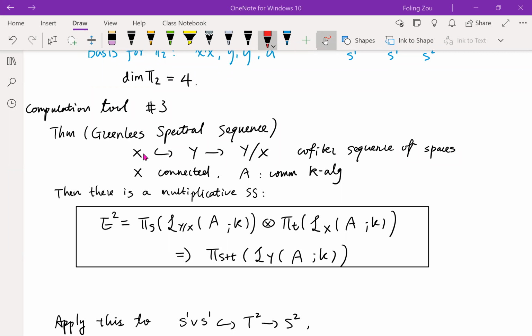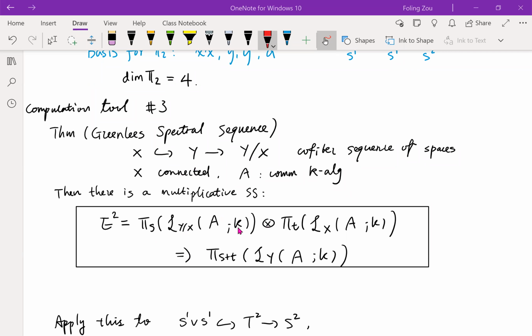If we have a cofiber sequence of spaces X into Y and then to Y quotient X, X is a connected space and A is a commutative Q-algebra, then there is a multiplicative spectral sequence with E2 page pi star of the Lode on Y quotient X tensor pi star of the Lode on X converging to pi star of the Lode on the total space Y.